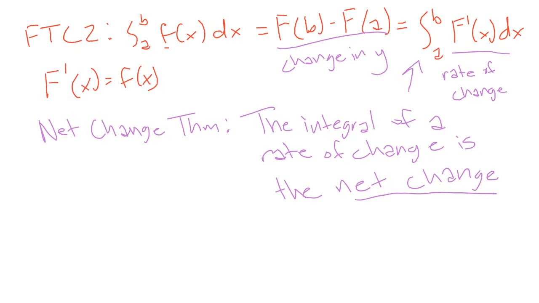Some examples of this are volume problems. So for example, for volume, we can let v prime of t equal our flow rate.